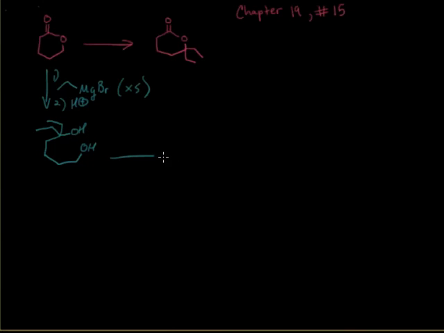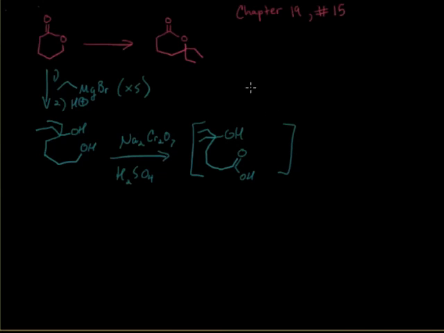Okay, then I do the oxidation with the H2SO4, and we saw it made, I'm putting in brackets to remind us that this is just an intermediate, the carboxylic acid. But right away, it's just going to go straight to the ester. Okay, so it's really just 2 steps.